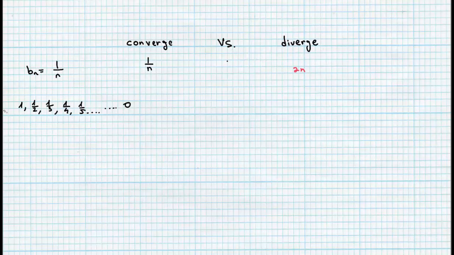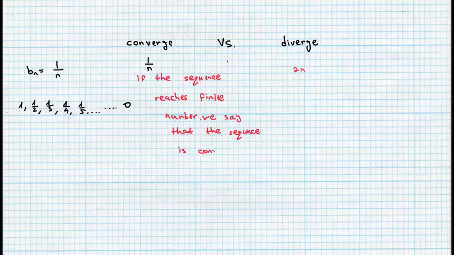So if a sequence reaches a finite number of any type, we say that the sequence is converging to that number.